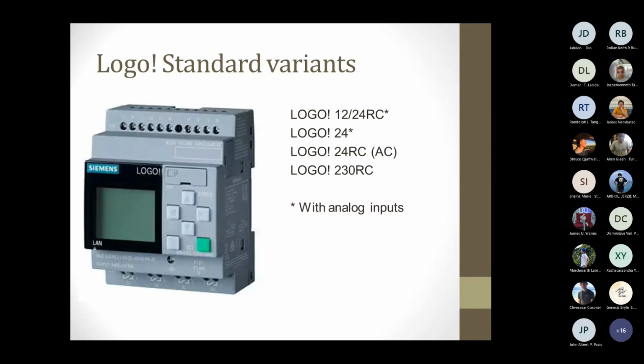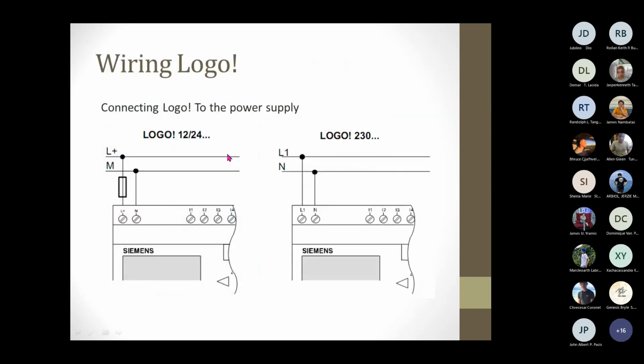In the transistorized type, when you connect the source in the wrong polarity, there is a tendency that the output of the PLC will not work, because the output part of the transistorized output PLC will not allow the flow of current when the polarity is reversed.